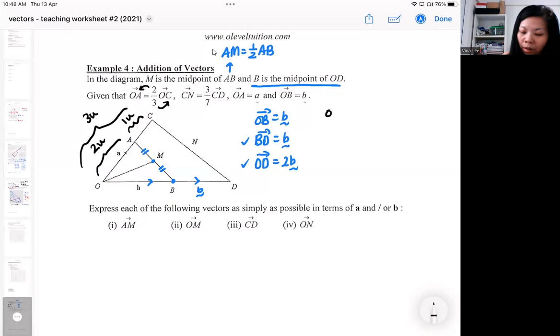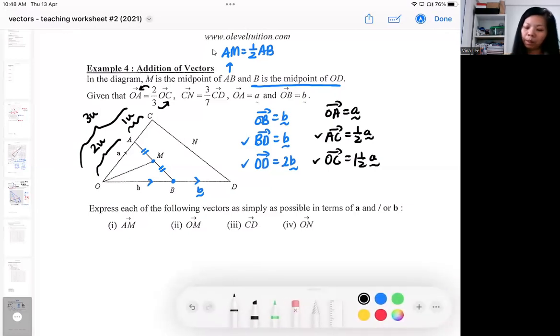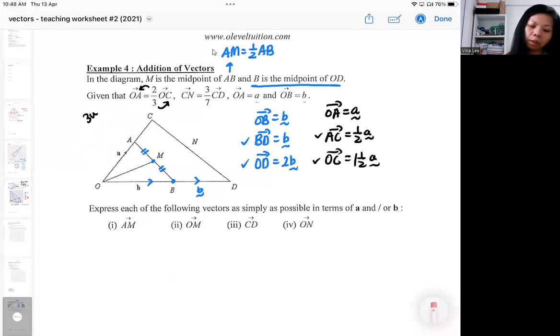So now I got OA equal to A. So you can think 2 units is A. Then what about 1 unit? 1 unit will be half A. And then what about the whole OC? Whole OC will be 1.5 A. So because of this ratio, I came out with 2 extra vectors that maybe later on I will be using to do some fill in the blank.